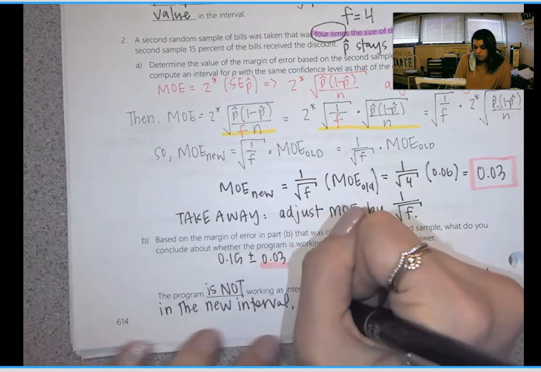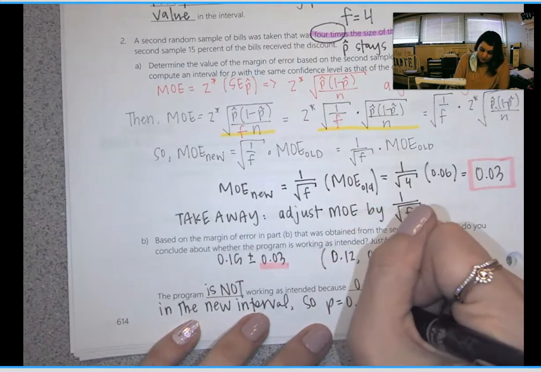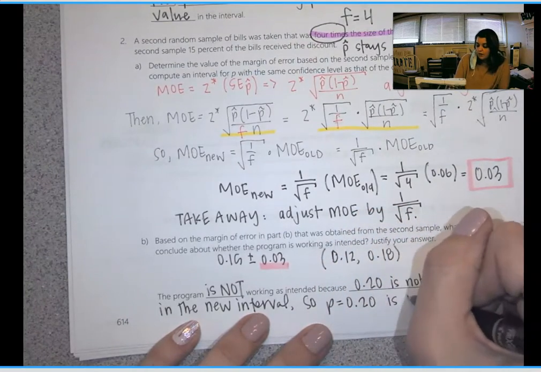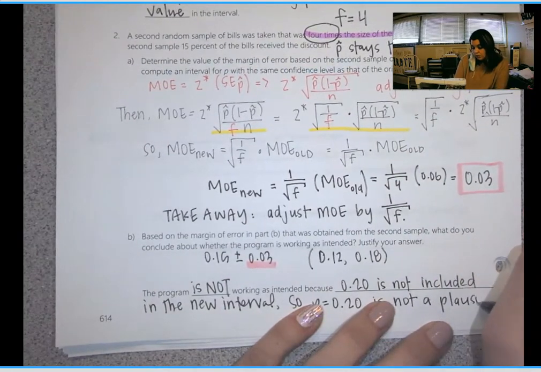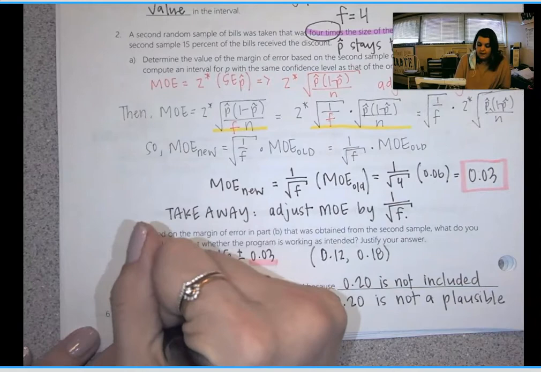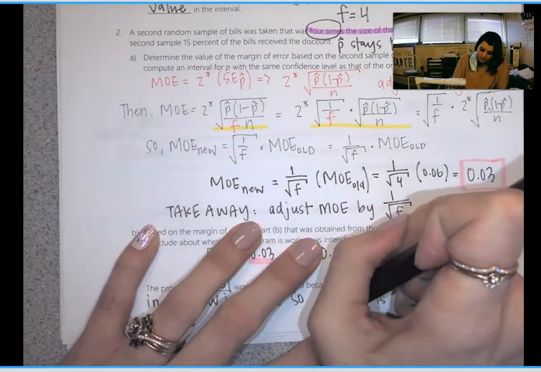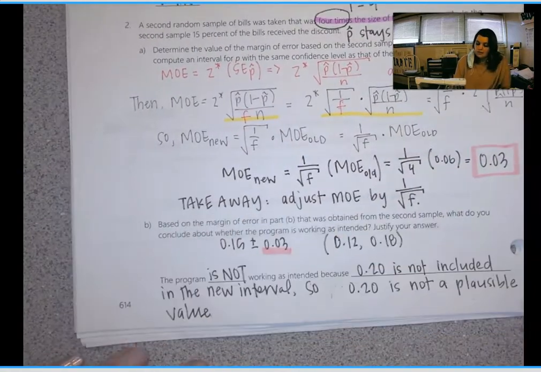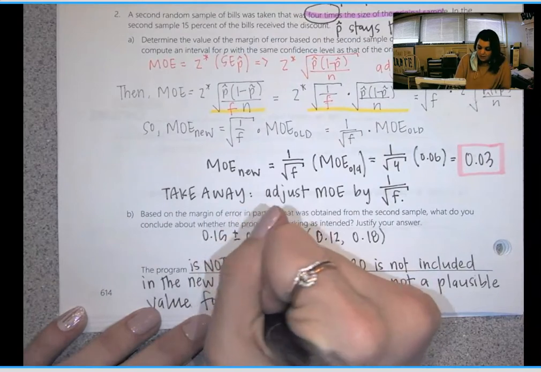So P equals 0.20 is not a plausible value. Actually, I should say so, 0.20 is not a plausible value for P.